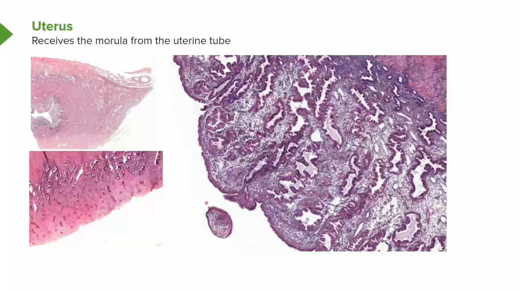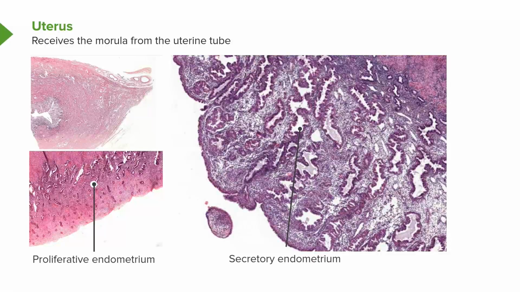Let's just look at this slide, and on the top left-hand side there is a low magnification picture of the uterus, and then there is a closer up picture on the left bottom of the slide illustrating an example of the proliferative endometrium. The uterus has two components. It has a myometrium and an endometrium.